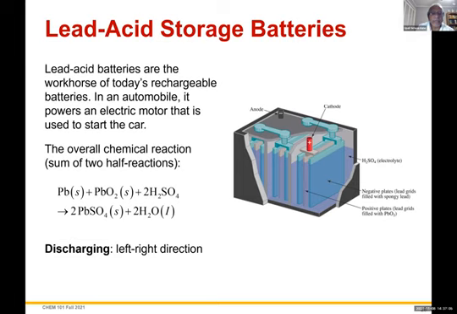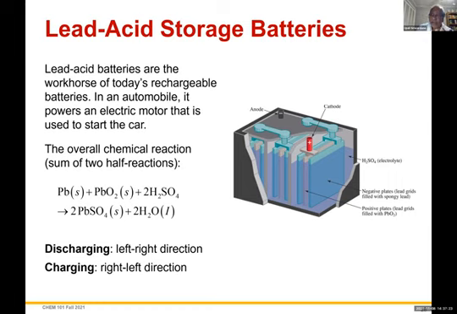Discharging is drawing electric current from the battery. After that, you can recharge from reactants to products, passing a current by the alternator. The alternator reverses the reaction.